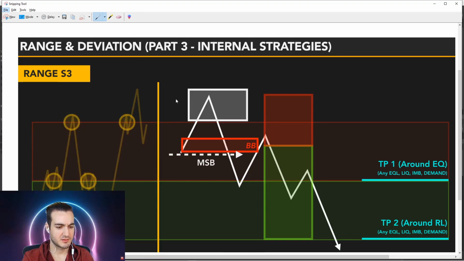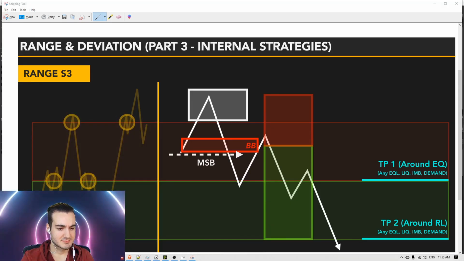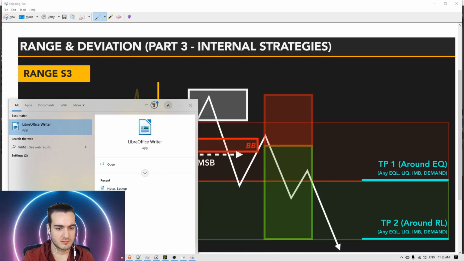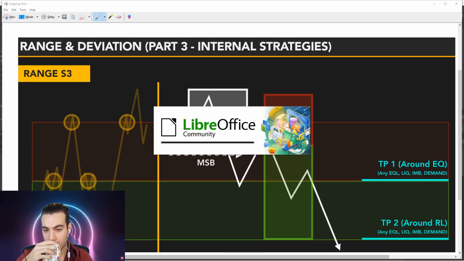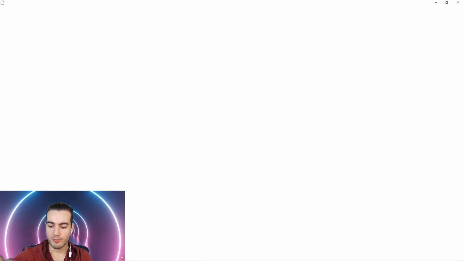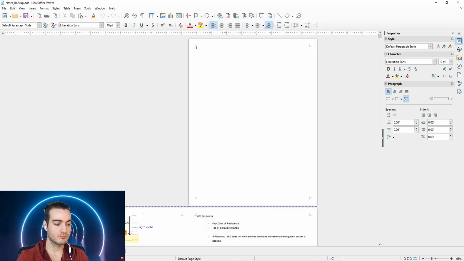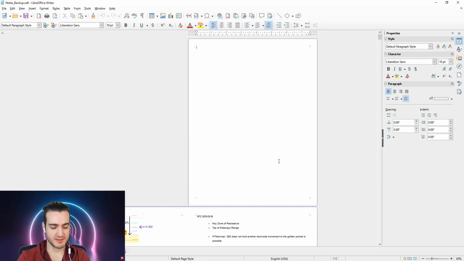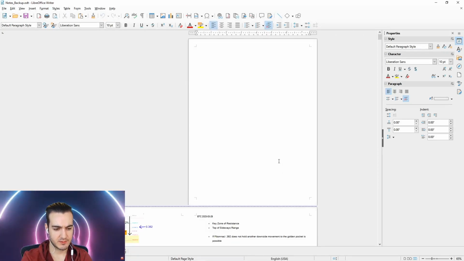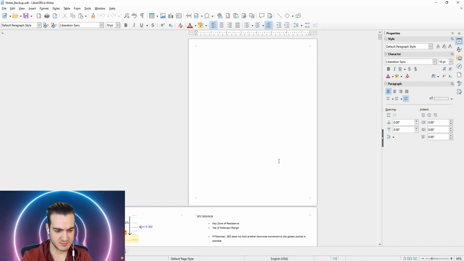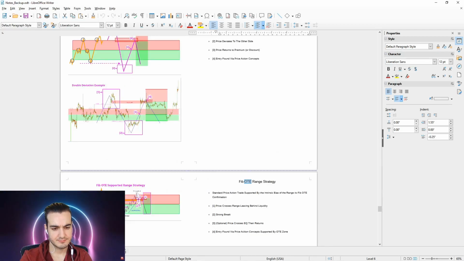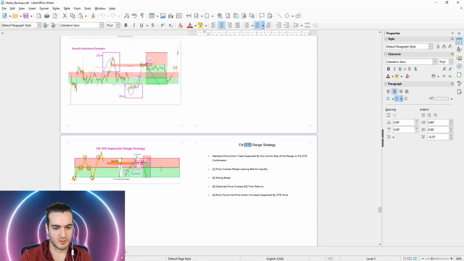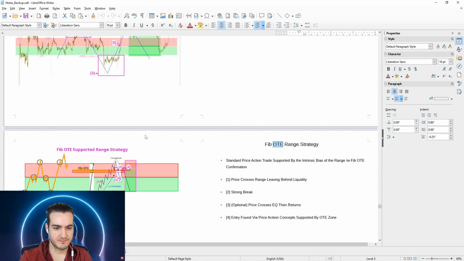Come on, Windows button. What was it called? Fib OTE. Okay, fib OTE range strategy.